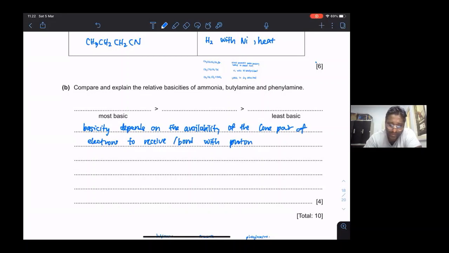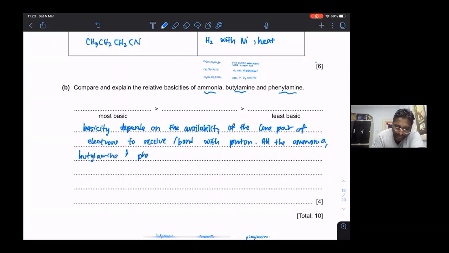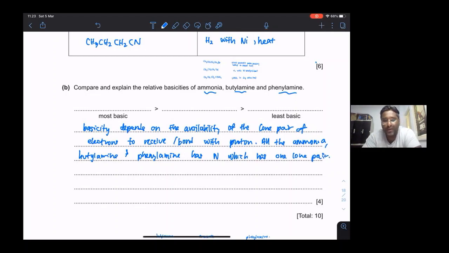So all of them, ammonia, butylamine, and phenylamine, have nitrogen which has one lone pair. So they are available for bonding.